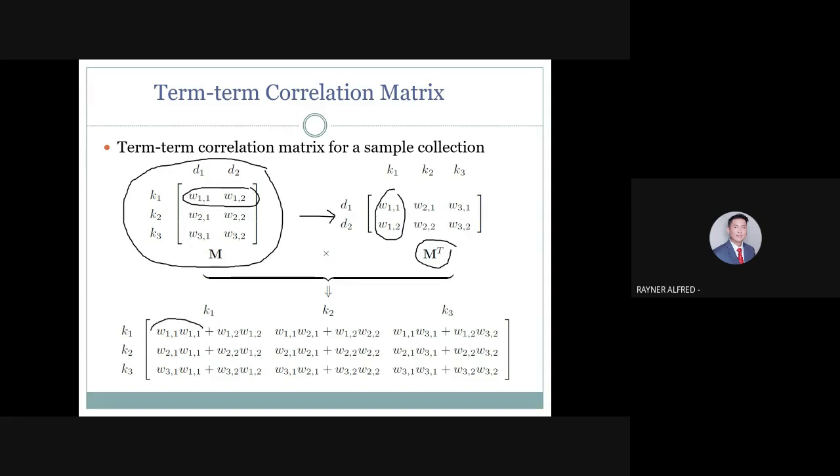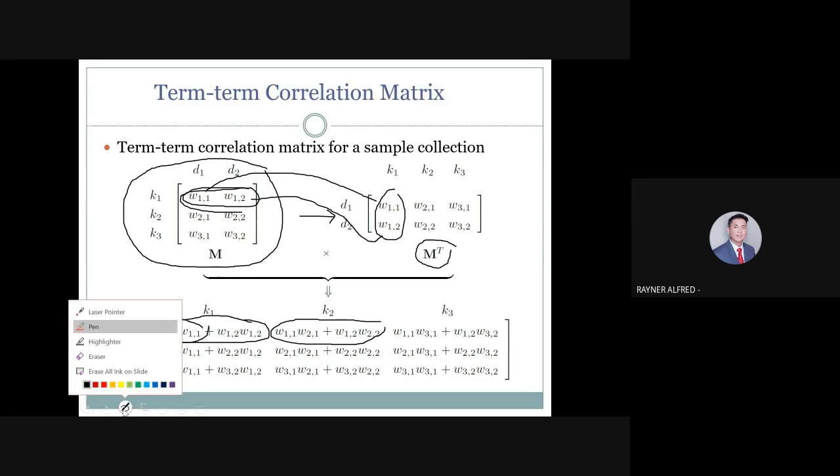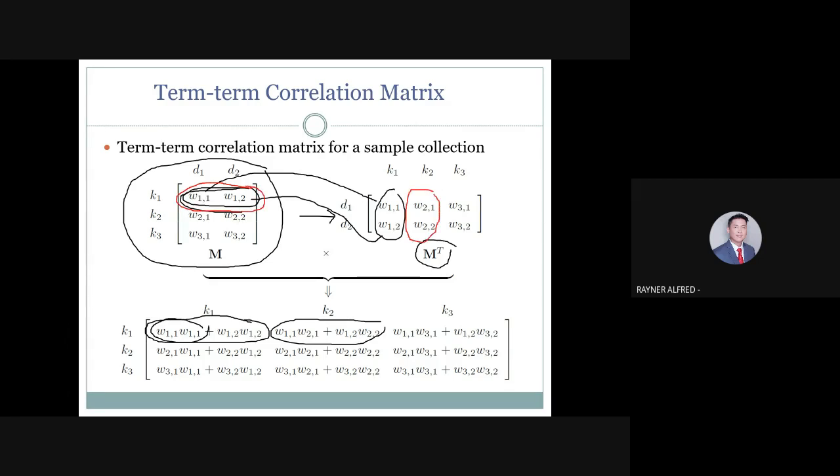That is this multiplied with this, plus this multiplied with this. Then we get this number, and we get this number also. So how do we get this? Let's change color. We take this, multiply with this, then you get this one.